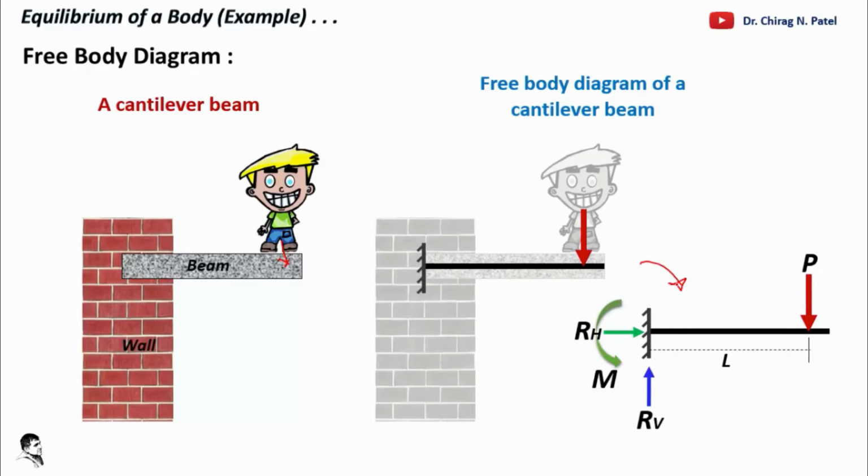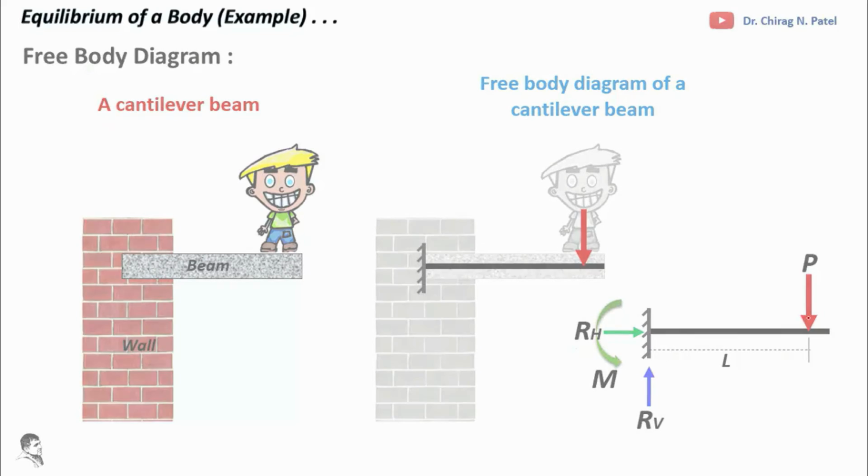You can also convert that real problem into a free body diagram like this. Now you can easily resolve it by keeping the main requirement of that problem as it is, and leaving the other things we do not require. Conversion into a free body diagram makes the analysis of the problem easy.